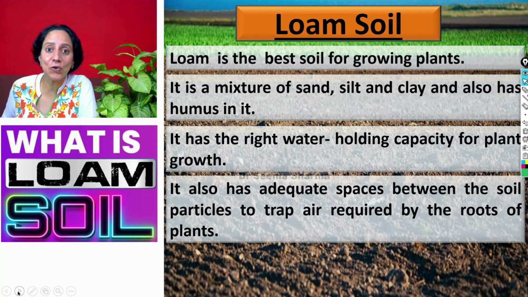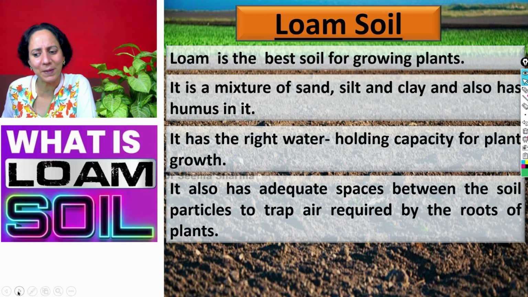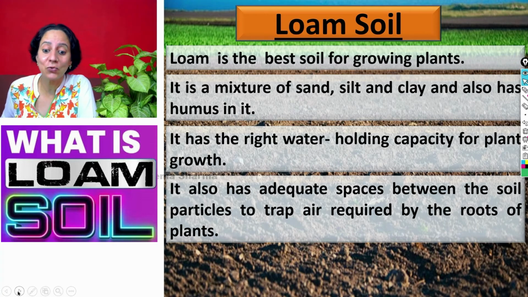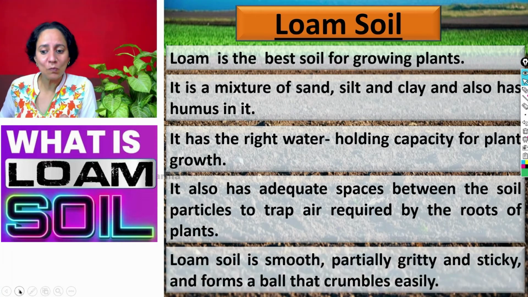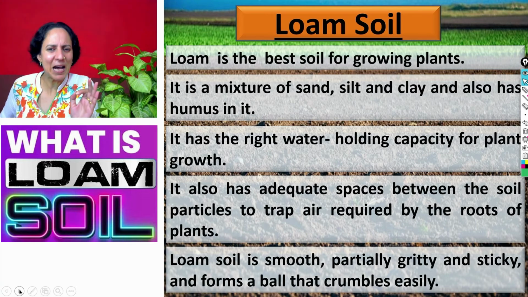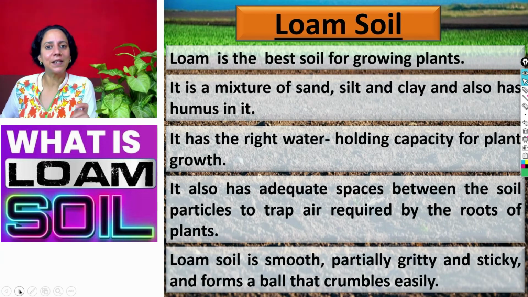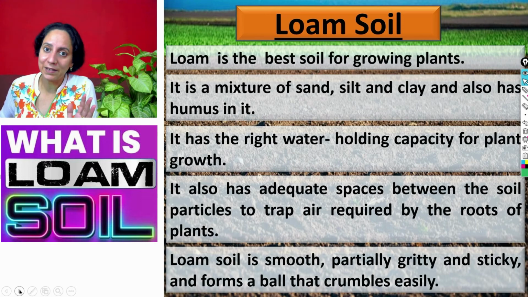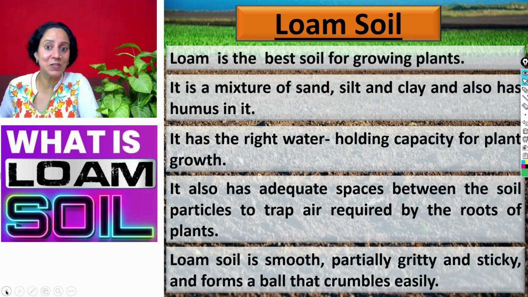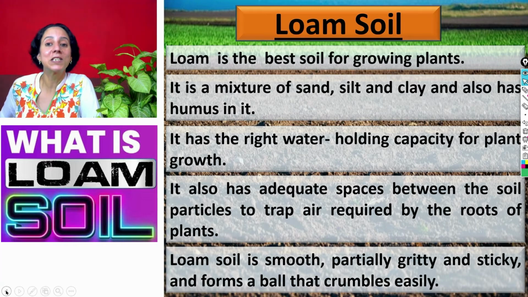Loamy soil also has adequate space between the soil particles to trap air, which is required for the roots of the plant to breathe. Loam soil is smooth but partially gritty and sticky. It forms a ball that crumbles easily. So these are the characteristic features of loam soil, which is best suited for growing plants.